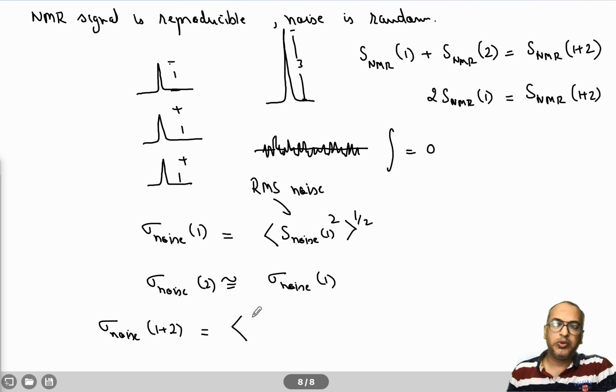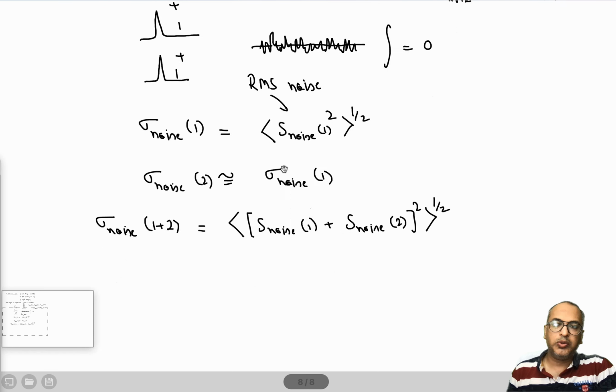So you have S noise 1 square, no, not square here, sorry, plus S noise 2, this is whole square, and then curly brackets, that is the average or the summation over all the spectrum, and then the square root.